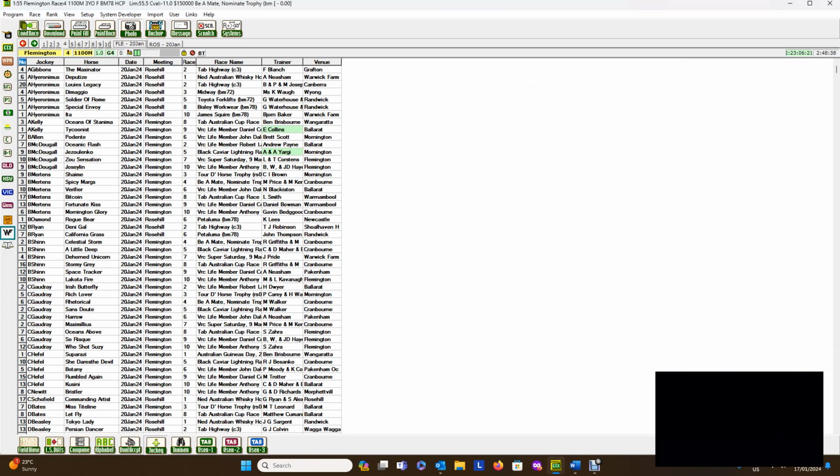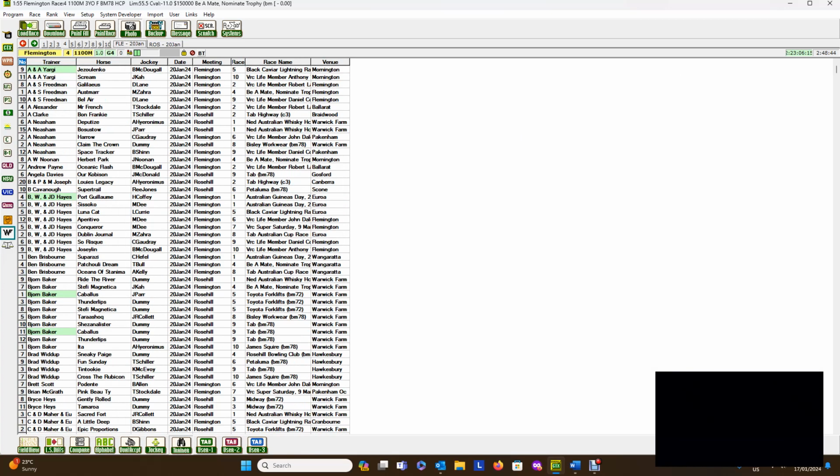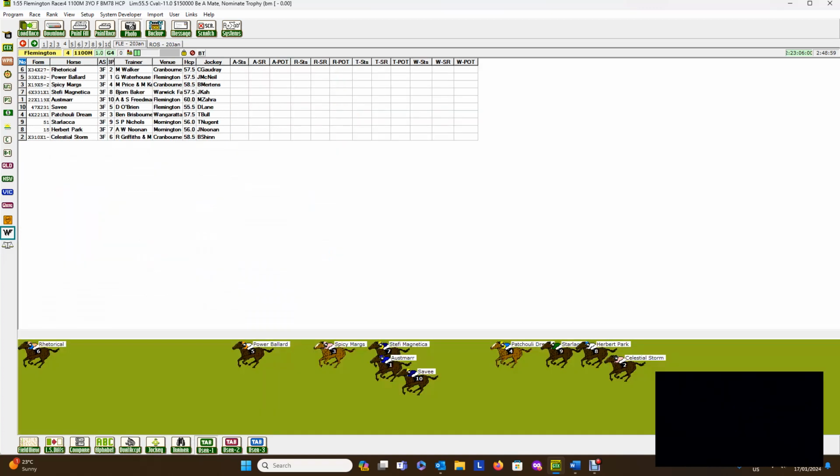List of jockeys, that's really easy. That tells you all the jockeys that are in for the day and which horses they're riding. The trainers here. What's handy here is you can see where they're going to race, and also where their training base is, which can sometimes be okay. Now I also put in the jockeys in this particular one.